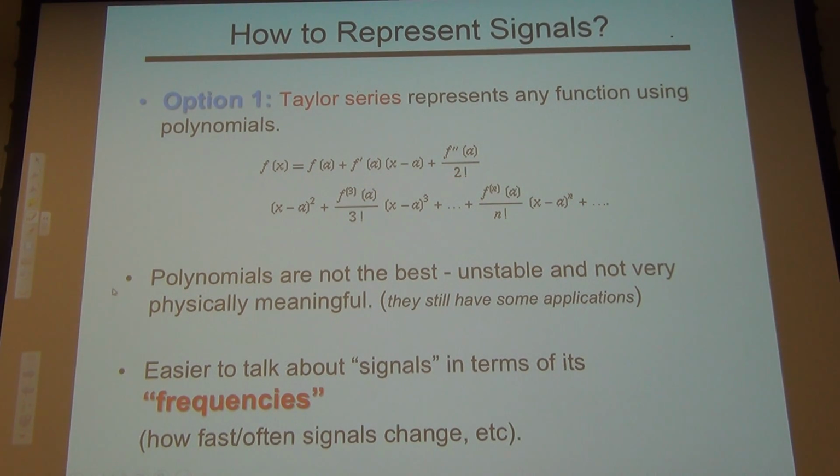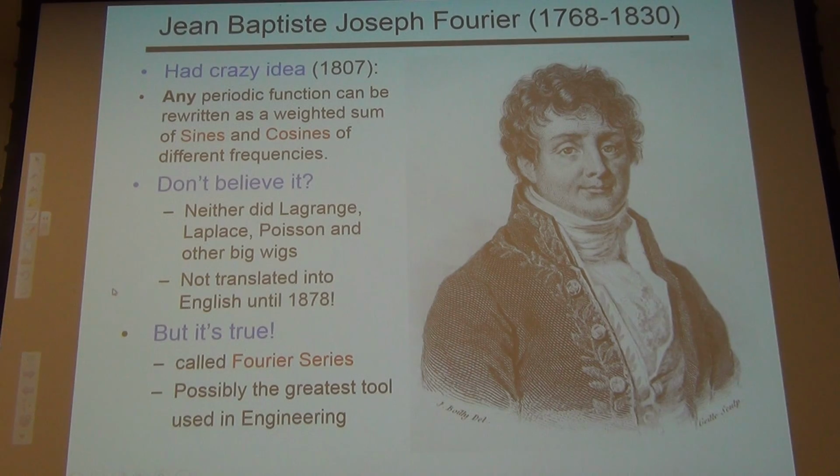That is our option 2. It's called the Fourier series and the Fourier transform. So who is Fourier? Joseph Fourier, 1768 to 1830, and he had a crazy idea in 1807. Any periodic function can be rewritten as a weighted sum of sine and cosine of different frequencies.